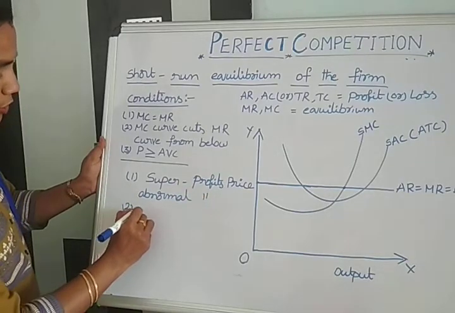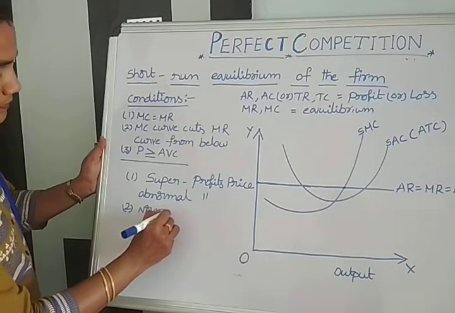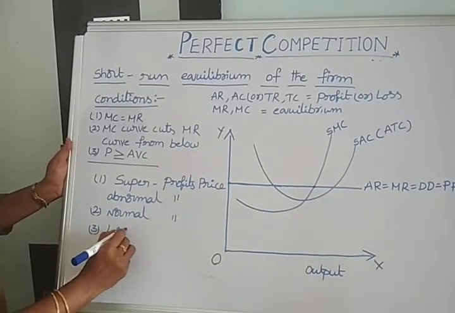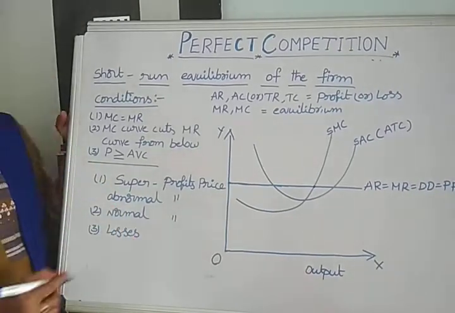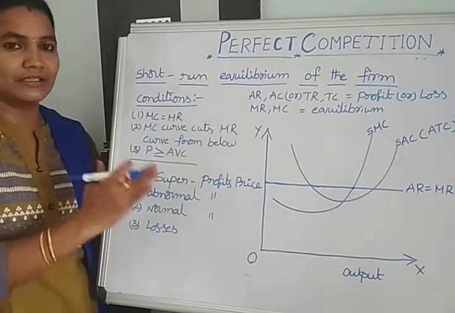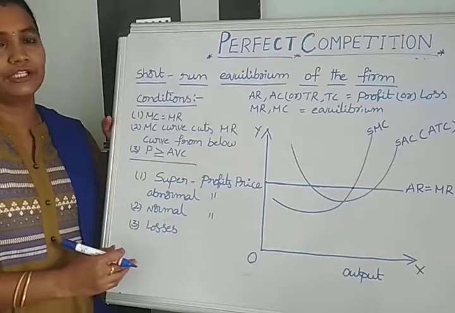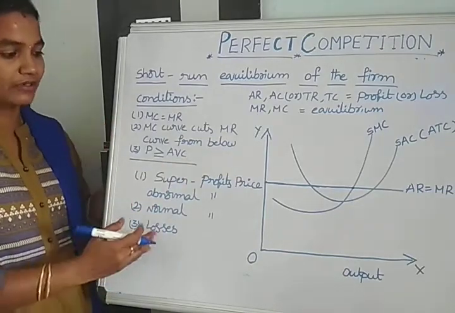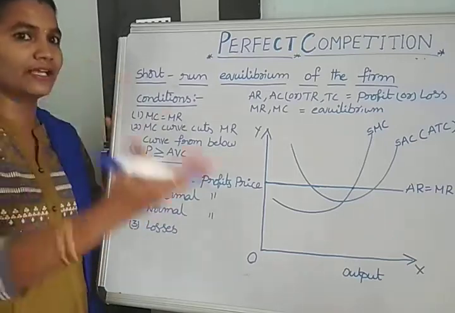Second, normal profits. Third, losses. These three situations we can see in the short run. These fluctuations are seen only in the short run, but we do not see these fluctuations in the long run. We'll discuss the reasons in the next videos.